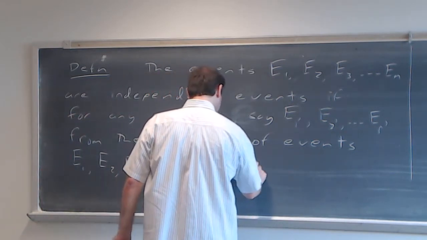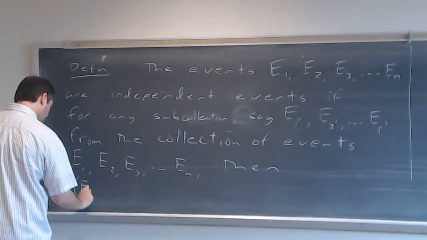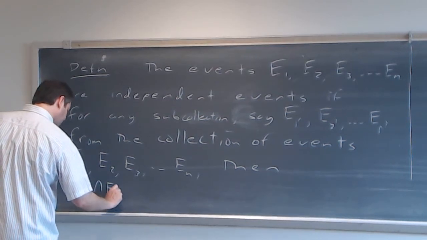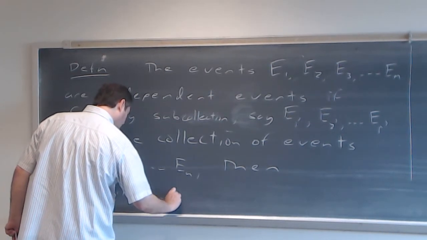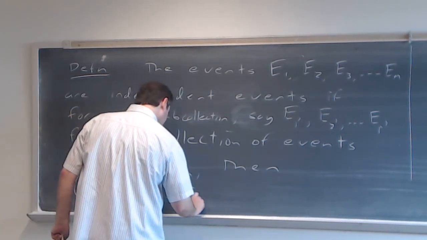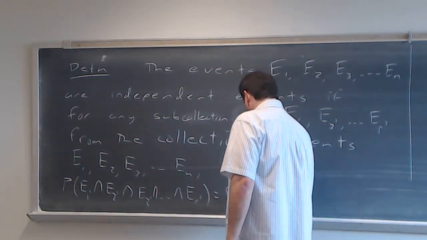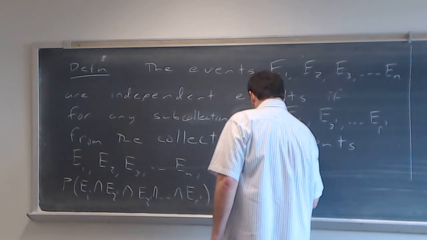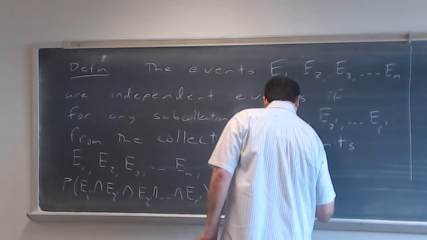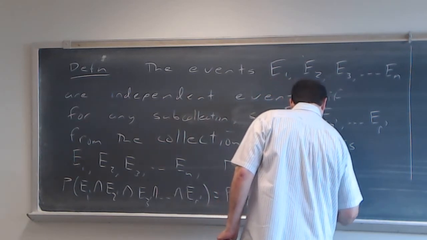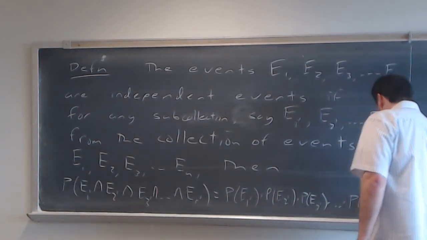Then we have this. The probability of E sub 1 prime intersect E sub 2 prime intersect E sub 3 prime and so forth all the way up to the intersection of E sub R prime is equal to the probability of E sub 1 prime times the probability of E sub 2 prime times the probability of E sub 3 prime times all the way up to multiplication by the probability of E sub R prime.